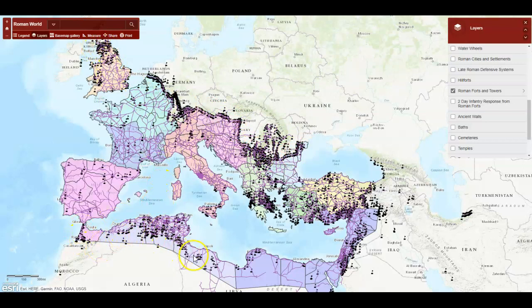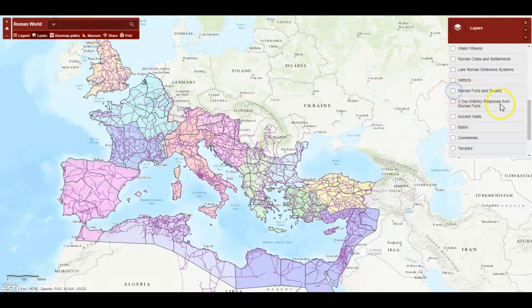There is a lot of protection needed along the far eastern part of the Roman Empire as it backs up to the Middle East and the Holy Lands. So you can see that there was a strong need for military. In addition to forts and towers, they also built walls for protection, mainly again along these northern borders.